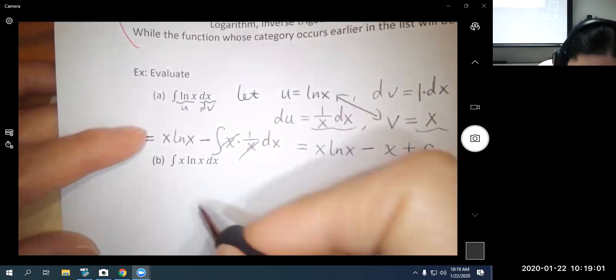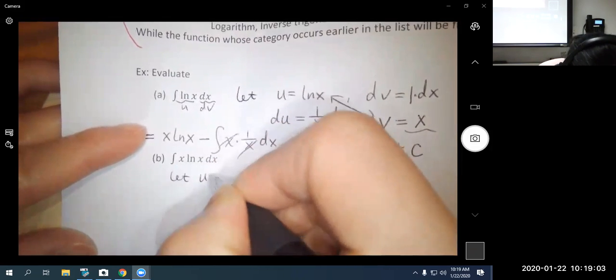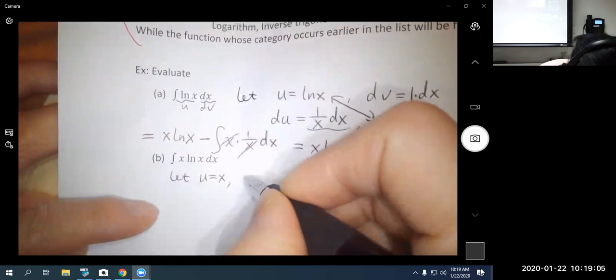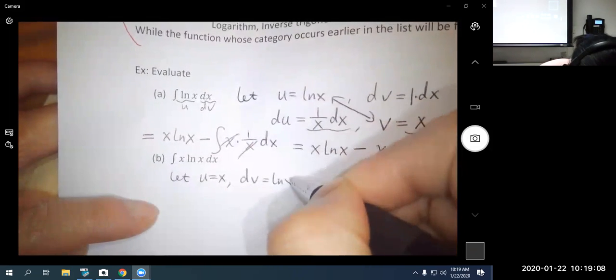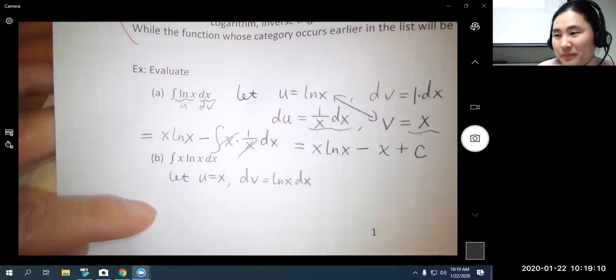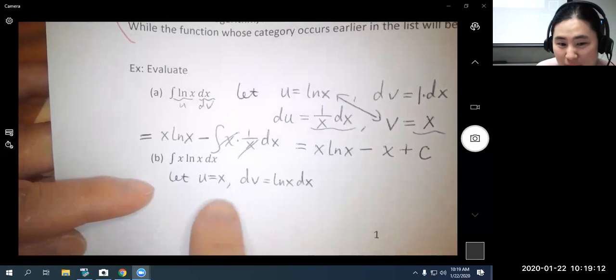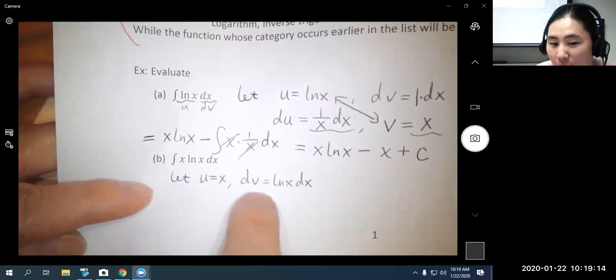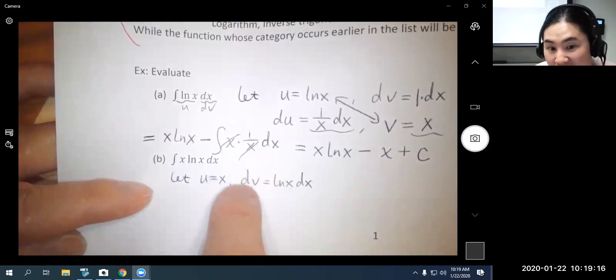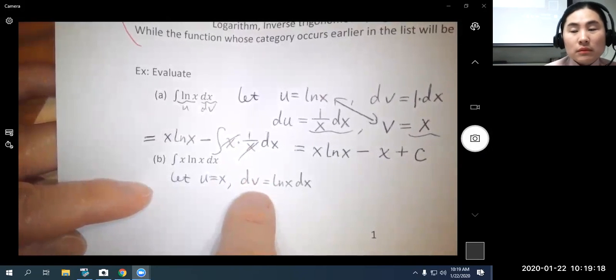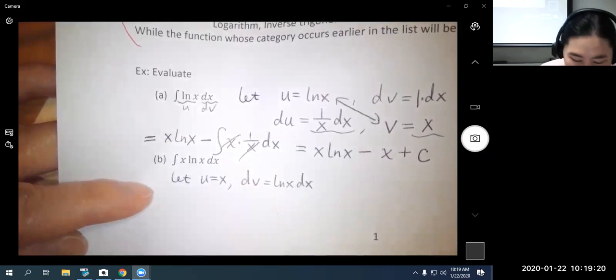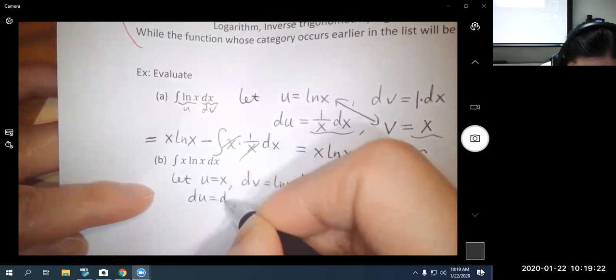If we let u equals x, so the dv will be ln x dx. We have to make sure that we're able to find du. Also, we have to make sure that we're able to integrate dv. So yes, du equals dx, no problem.